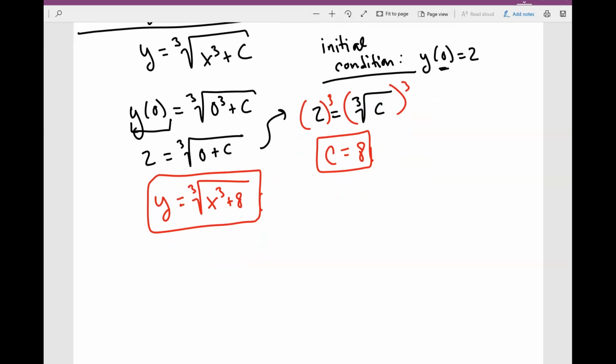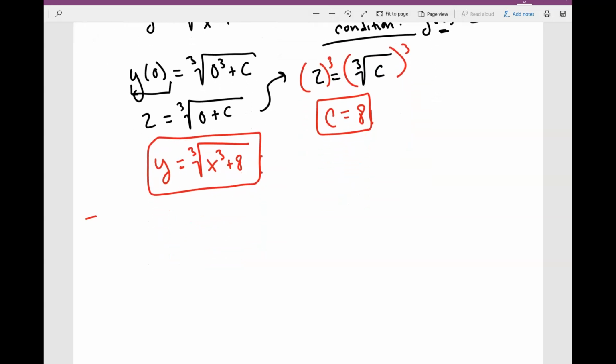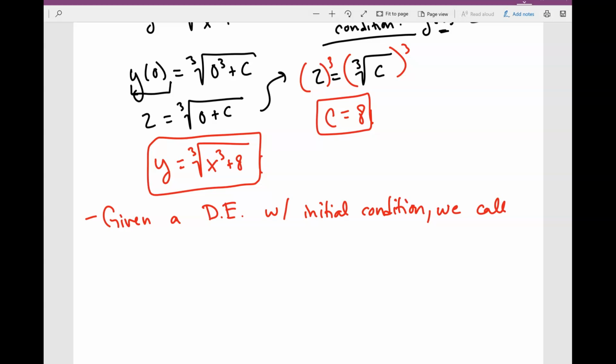Okay, so it is possible for me to figure out this value of c if we are given this initial condition. So given a differential equation with an initial condition, something that is additional information, we call this an initial value problem.